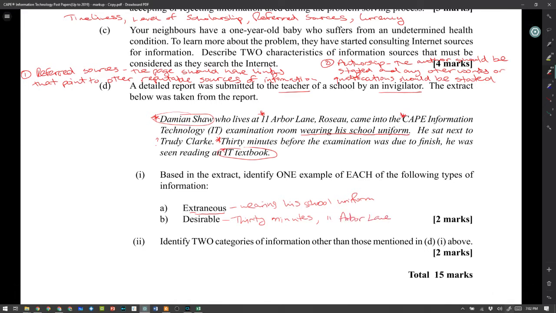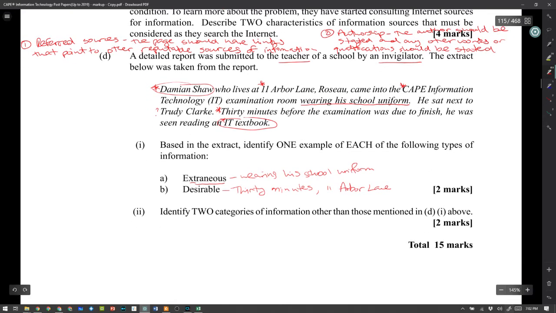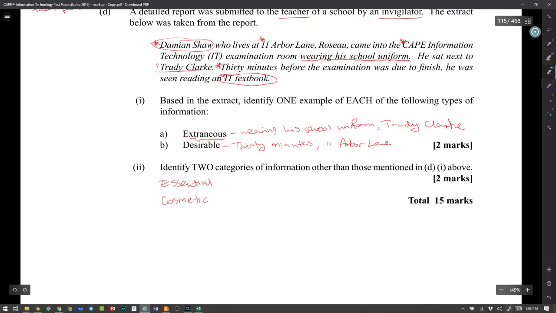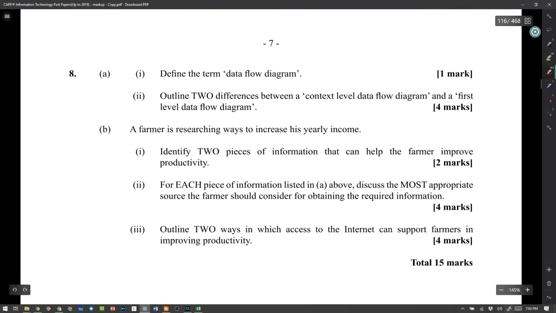Identify two categories of information other than those mentioned in part 1 above. Well, you have essential, extraneous, desirable, essential, and cosmetic. I would say extraneous is also Trudy Clark. Trudy Clark being next to him is not really going to change much because he was seen reading the IT textbook. Although Trudy Clark could be desirable.